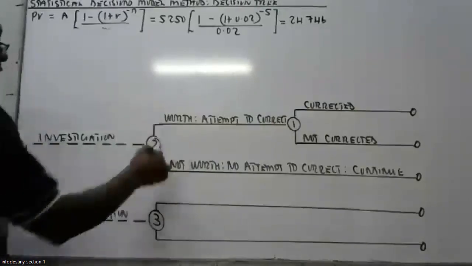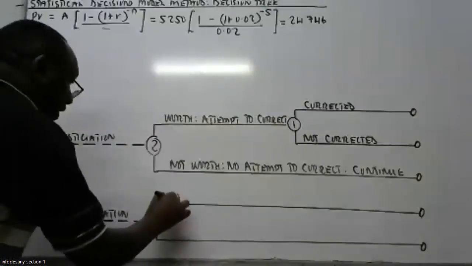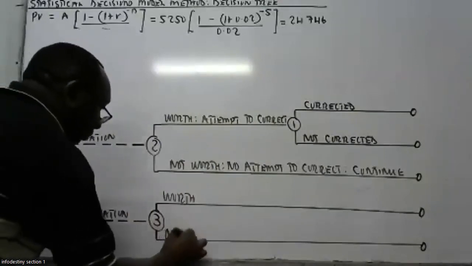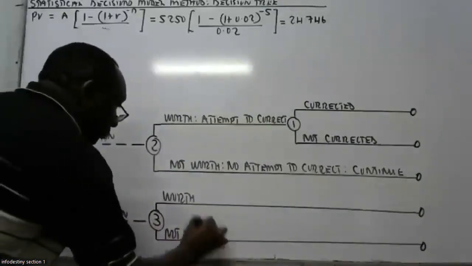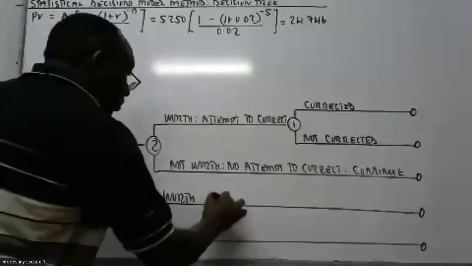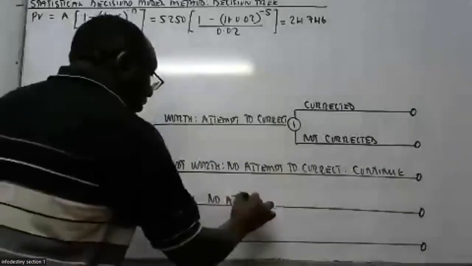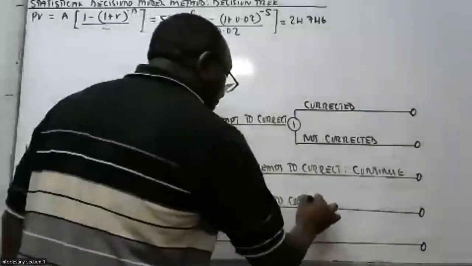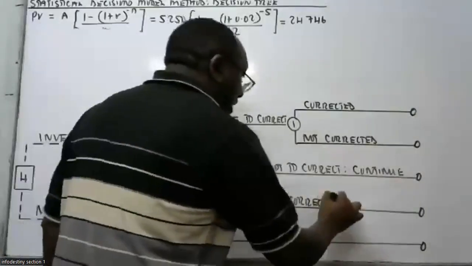When you do whatever you do, you get those which are worth or not worth. Then here, no attempt to correct, and therefore they continue.